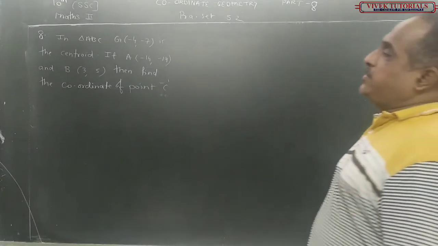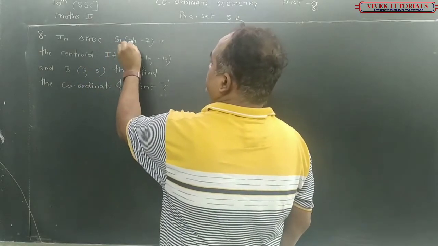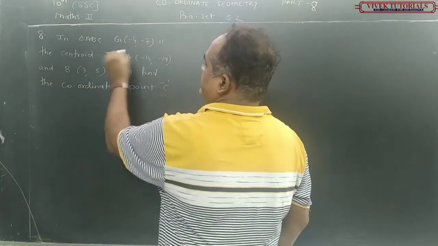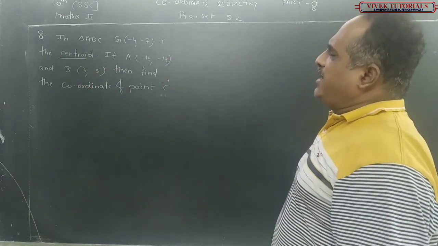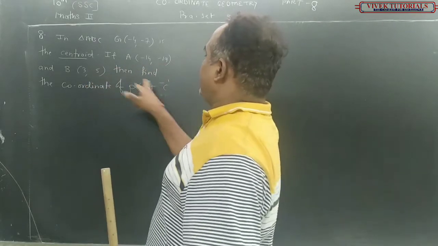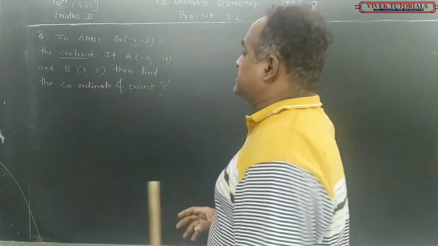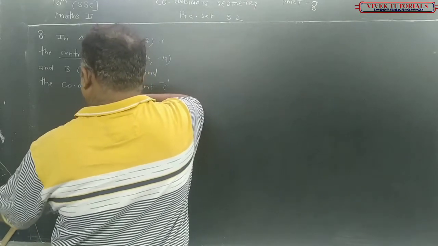Now, in the 8th question, in triangle ABC, G minus 4, 7 is the centroid. Means we have to apply the centroid formula. If A is minus 14 and minus 19, B is 3 and 5, they ask the value of C, the coordinate of point C. I will draw a figure.